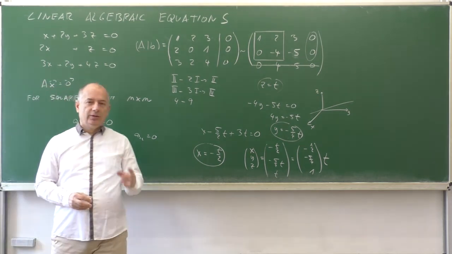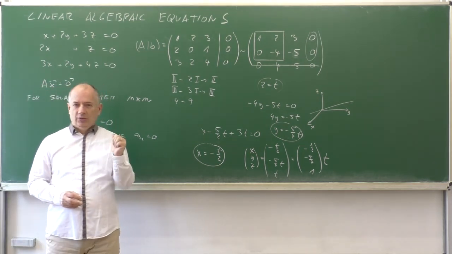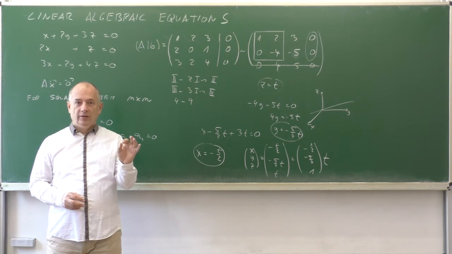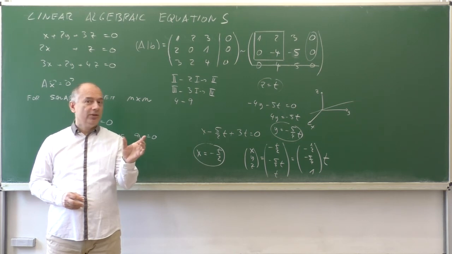Okay, let's try it together. The square system of linear algebraic homogeneous equations has a non-zero solution if and only if the determinant of the system is 0.